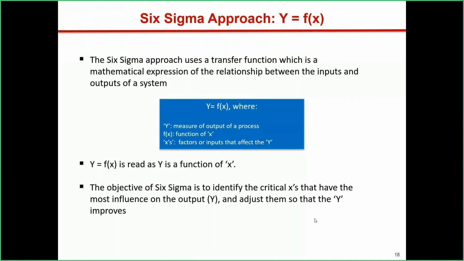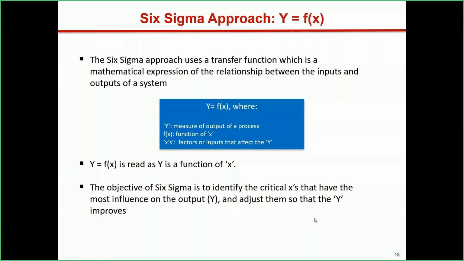Y, that is capital Y, equals F, which stands for function, and in brackets X. So the Six Sigma approach uses a transfer function, which is a mathematical expression of the relationship between input and output of a system.